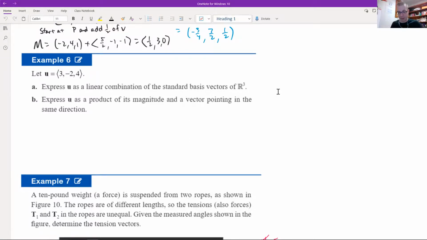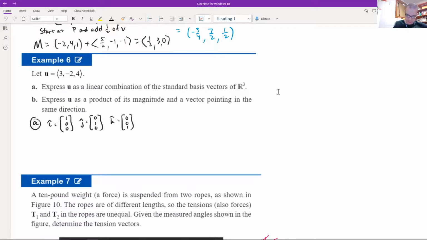So I don't know if I've already introduced you to i, j, and k, or i hat, j hat, and k hat, is I guess what I'd normally say. But those are the standard basis vectors in the x direction, the y direction, and the z direction.